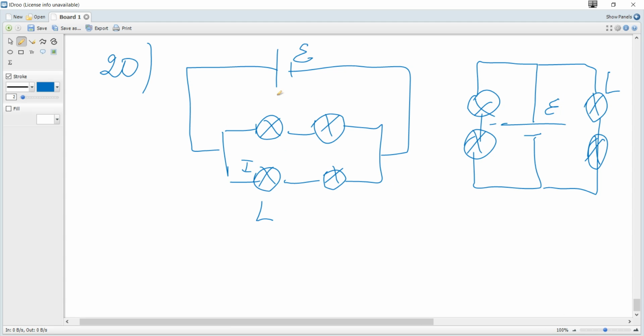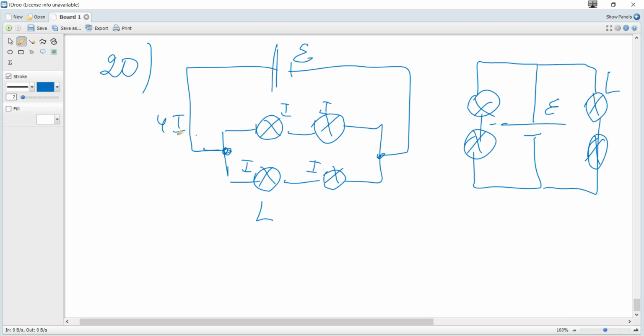EMF is the same, so we can see current is split into two branches. So initially, current I is also here, here, because they all are identical.